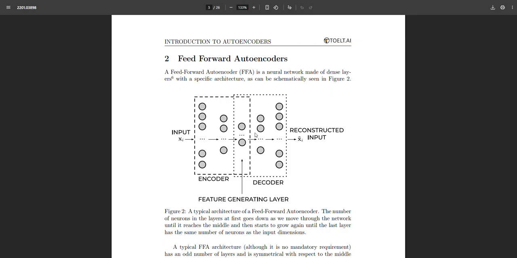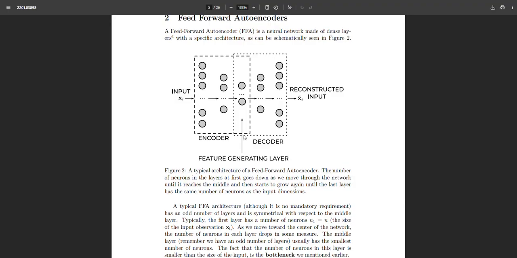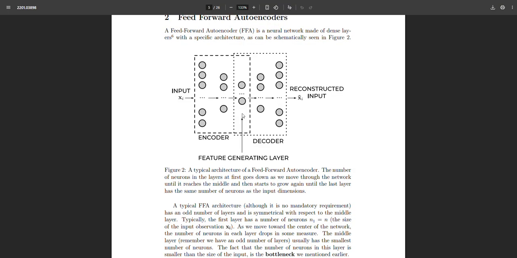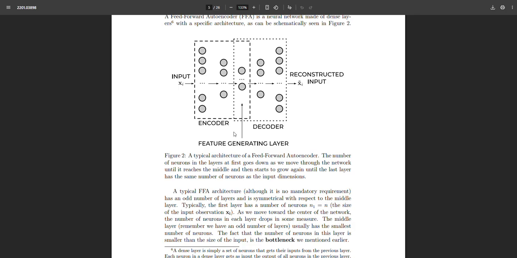The fact that the number of neurons in this layer is significantly smaller than the size of the input is the bottleneck that we talked about. This middle layer produces the crucial output hi, which is our latent feature representation. In almost all practical applications, the layers that come after the middle one, the decoder, are a mirrored version of the layers that came before, the encoder. For example, an autoencoder with 3 layers might have the following structure.